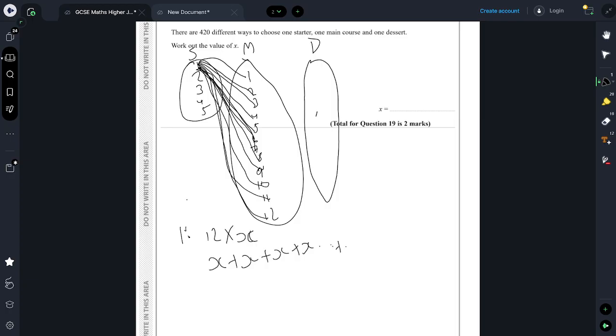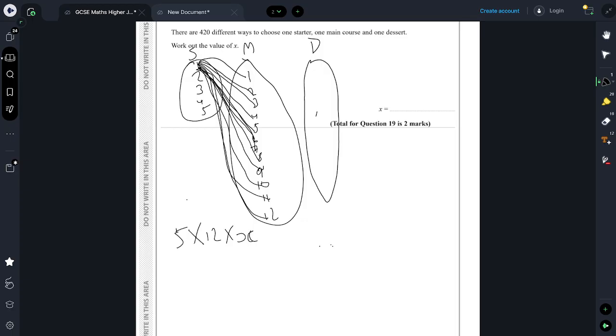So this is where 12 times X comes from, because it is 12 lots of X. This is where the times is coming from. And this goes back to the starter. There are 12 choices for mains, and because there are 5 starters, for each starter we can pick 12, and there are 5 of them.